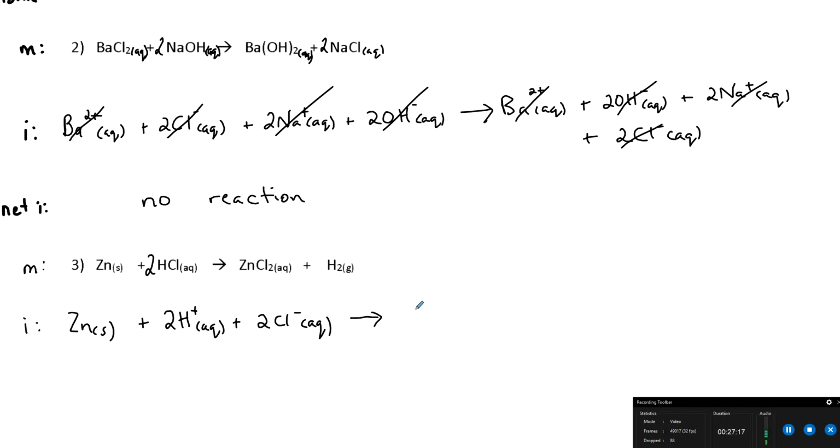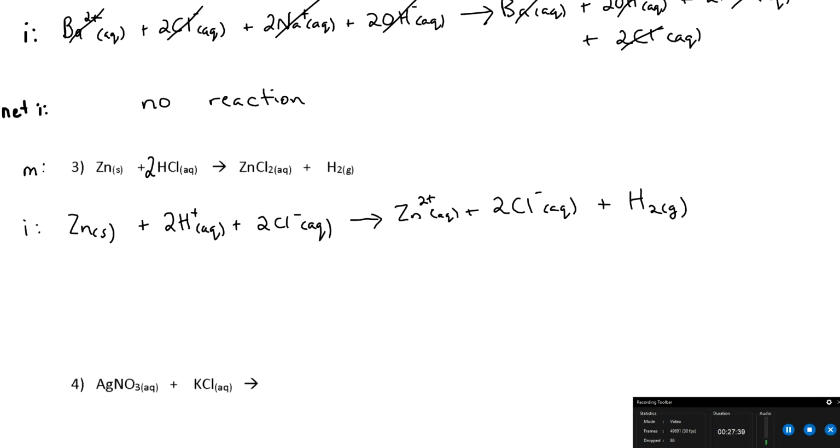I'm going to break up the zinc chloride because it's aqueous. Again, you always can check your periodic table for these charges. And hydrogen's a gas, so hydrogen doesn't get broken up.